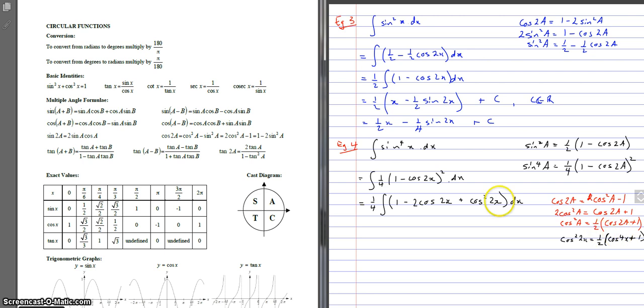And that is what we can replace here. So 1/4 at the front, 1 minus 2 cos 2x plus 1/2 cos 4x plus 1.